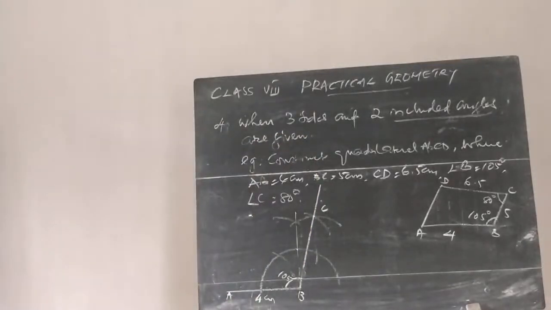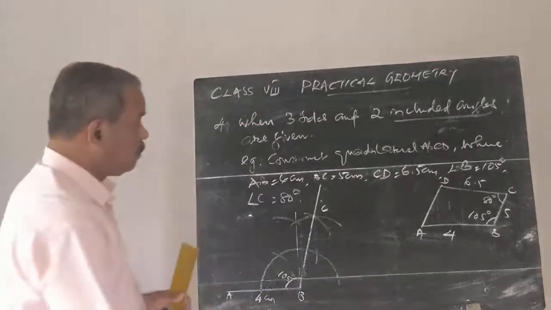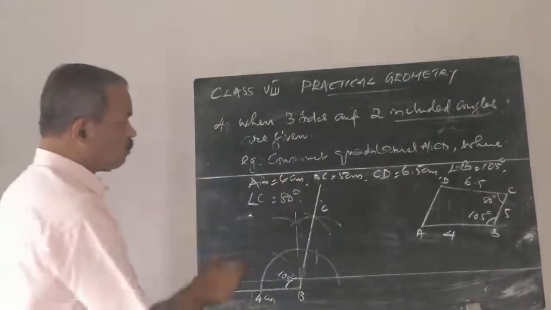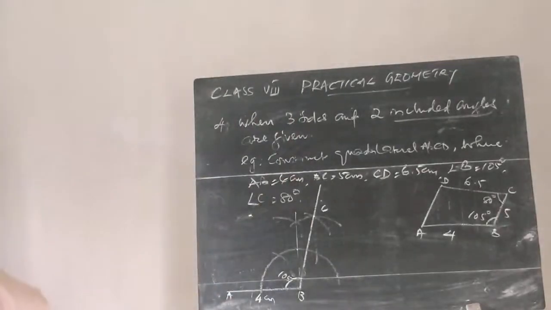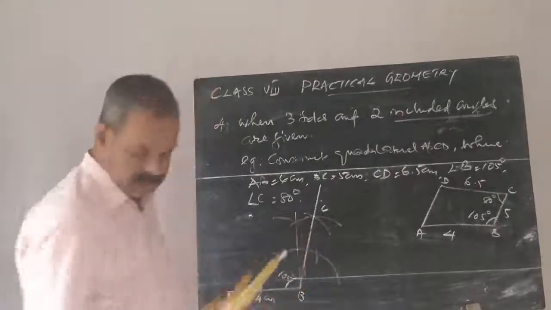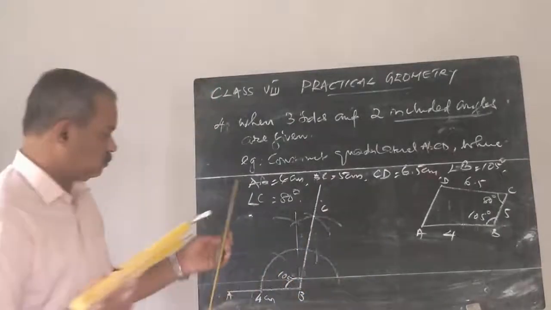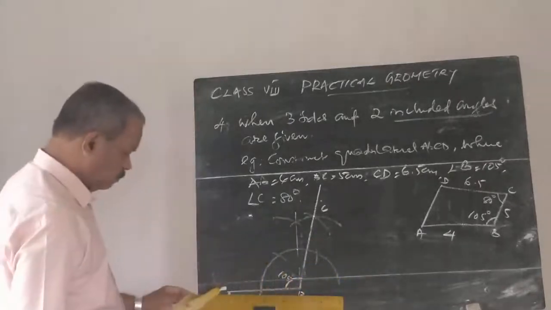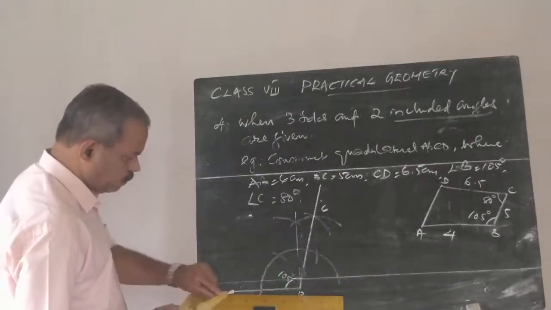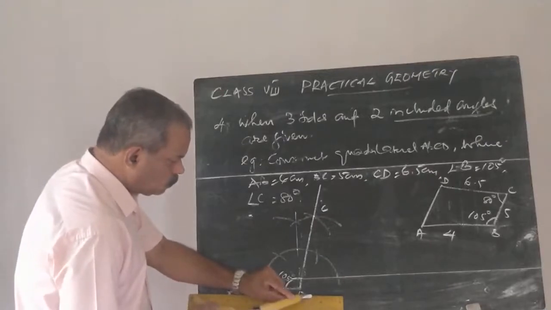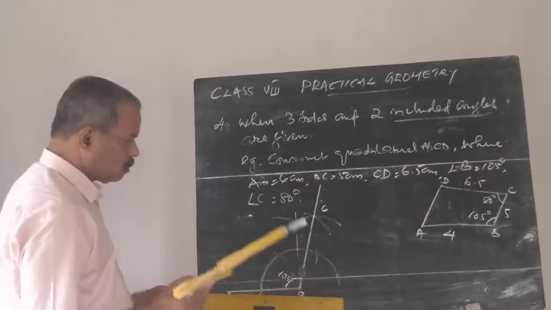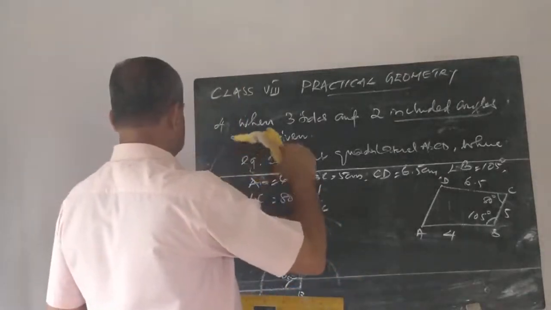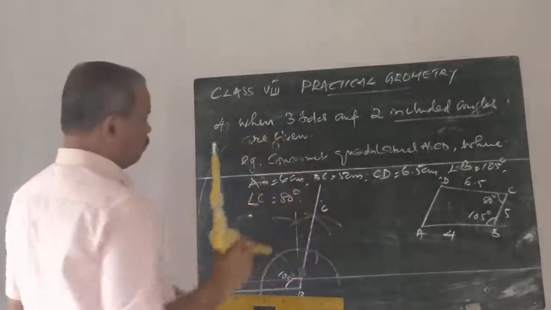Now from C, 80 degrees, 6.5 centimeters long. So measure 6.5 and draw an arc of 6.5 from C. This is the arc which represents 6.5.